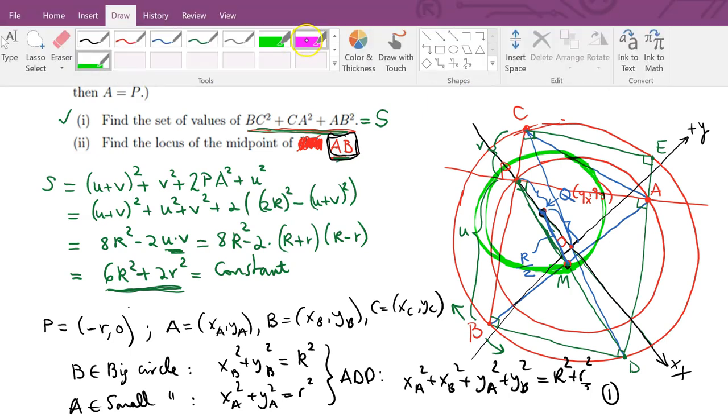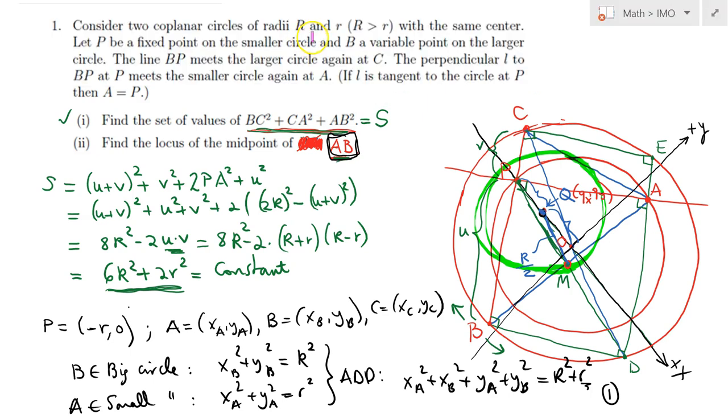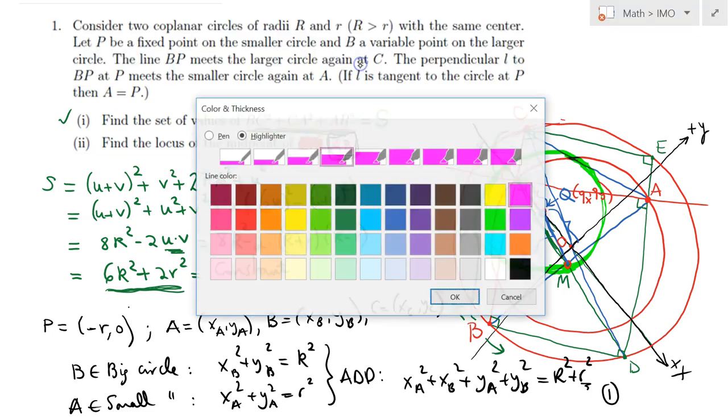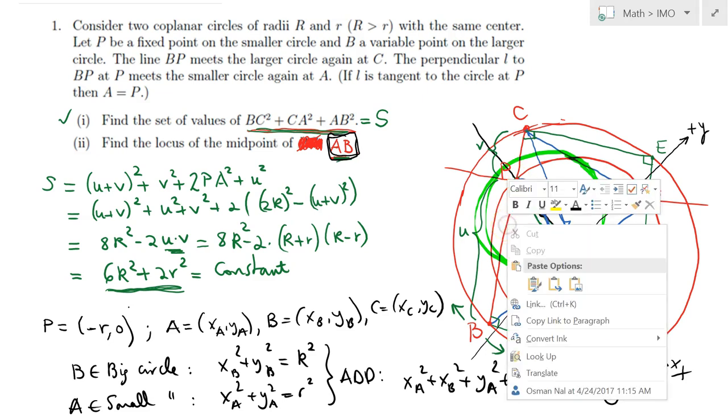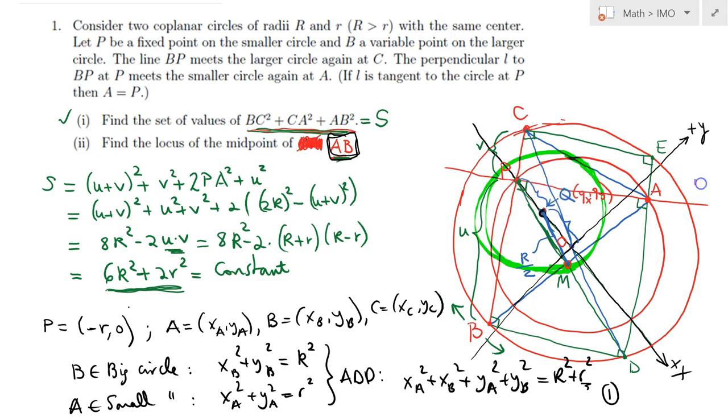But what is so interesting is the midpoint of BC. If I change my highlighter here, the midpoint of BC, which is probably say here, would also trace a circle, but that circle would be a smaller circle, like this.